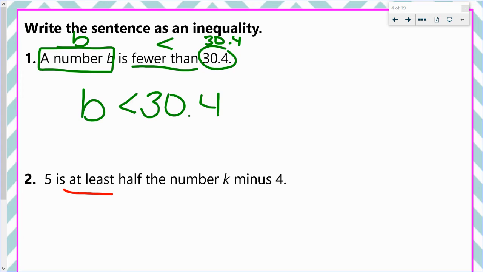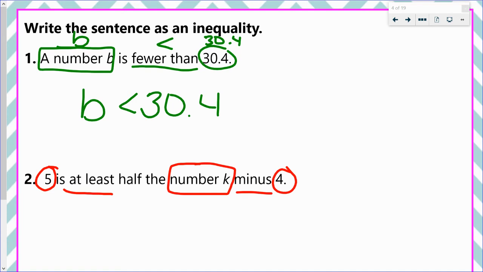Okay, so 5 is at least. So again, at least. Okay, so let's do the other stuff and then we'll think about what we're going to do. Okay, 5, circle 4, circle minus. I'm going to box the number K. And now half the number.